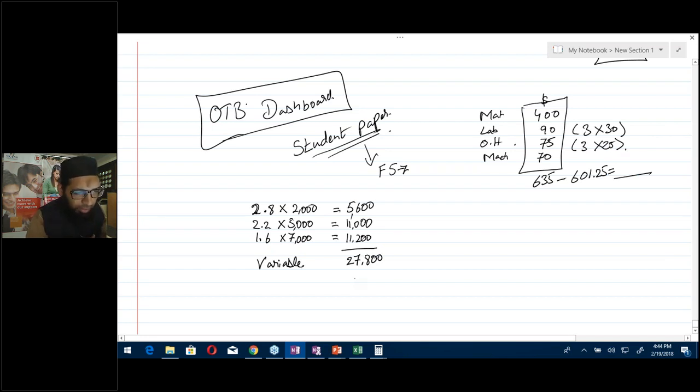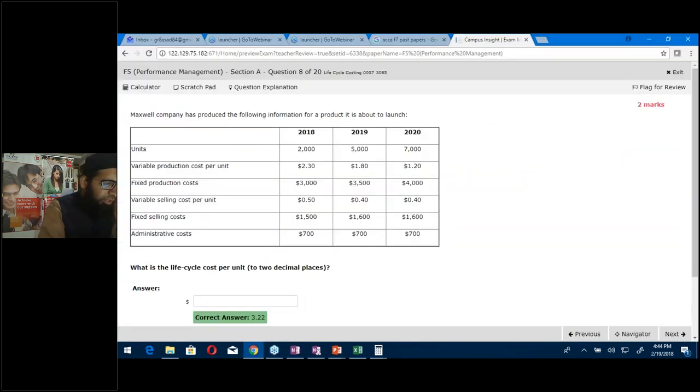So it's Punil who is answering me, and I'm grateful to him. Now there are fixed costs as well. And what are these fixed costs? The fixed costs are 3,000, 1,500, 700, then 3,500, 1,600, 700, and 4,000, 1,600, and 700. So I will include all the fixed costs.